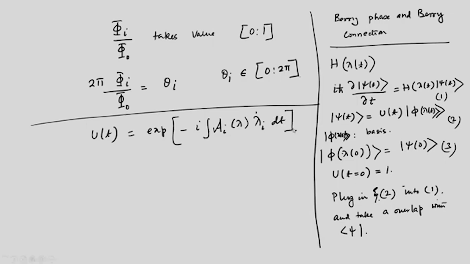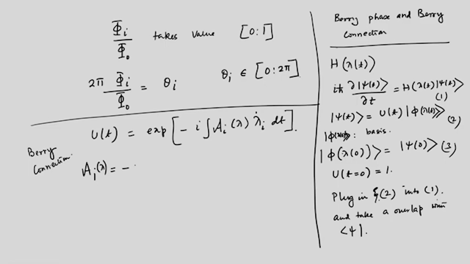So, this phase is not like the dynamical phase, where this A_i is called the Berry connection, which is defined as a minus. So, this is a function of lambda, and that is how the time dependence in the Berry connection enters.